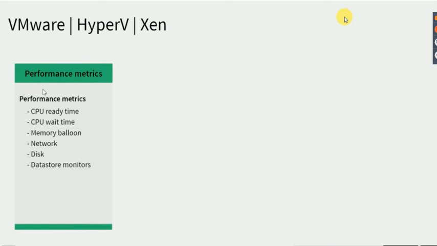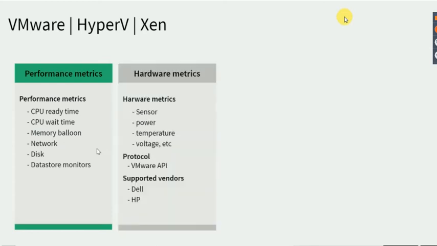All right, so the next is VMware. We have the virtualization support for VMware, Hyper-V, and Xen server monitoring. For example, VMware monitors the performance through the native API, and you have various key performance metrics for CPU ready time, wait time, the memory balloon, and so on.